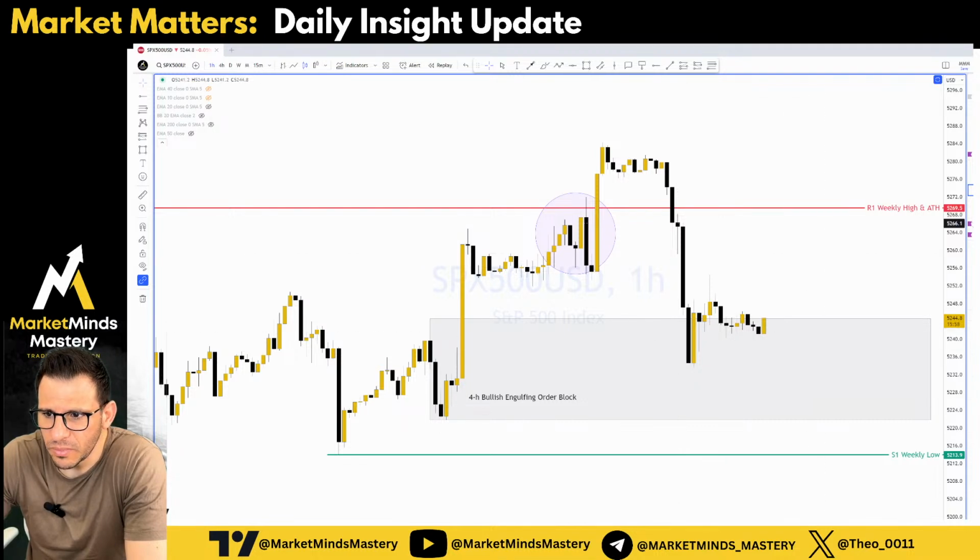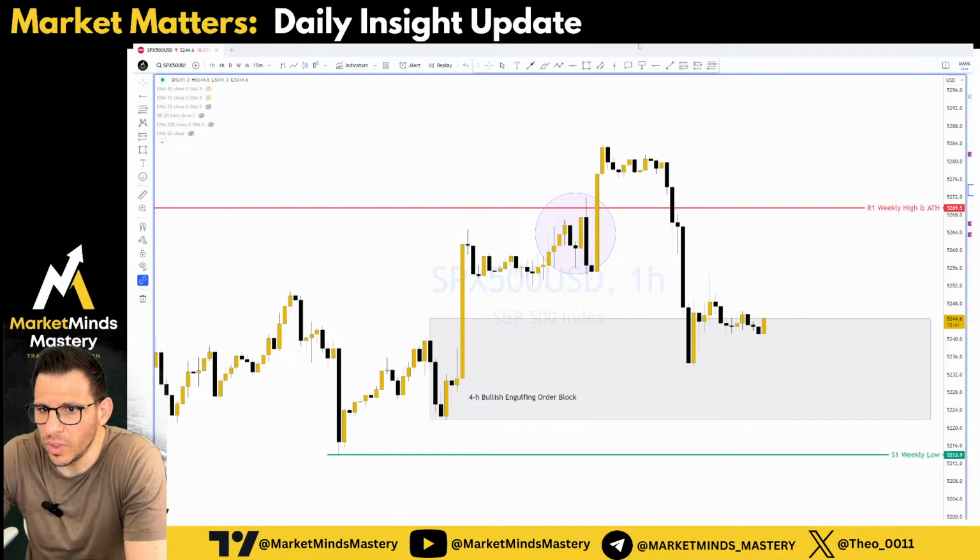So perhaps the price is going to move a bit to the upside. There is this area here that can be used as the promising resistance before any kind of retracement.